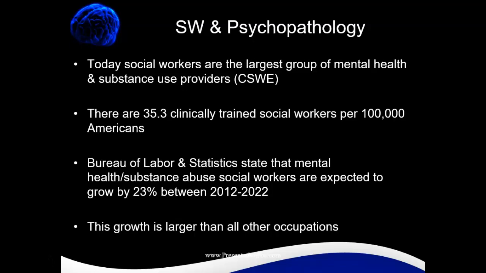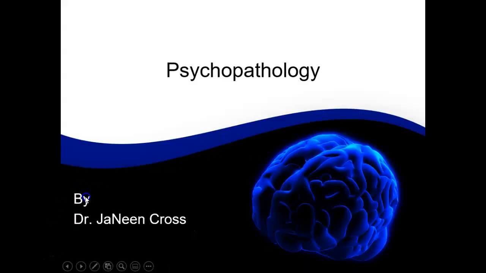So that number may actually increase. This is pretty much good hard evidence to let you know that social work's role in mental health is growing and will continue to grow. This growth is larger than all other occupations.